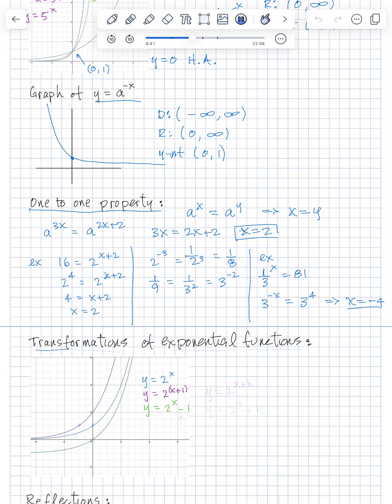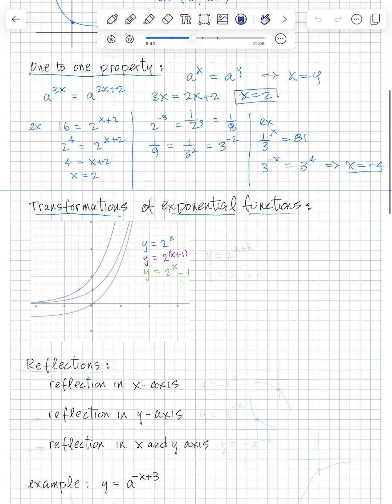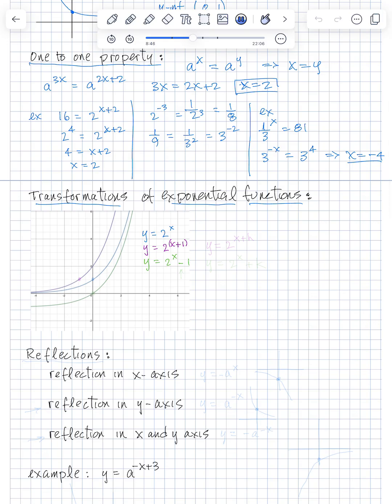Okay, let's look at transformations of exponential functions. We're going to look at horizontal and vertical translations first. Our blue line is our standard. Let's say it's y is equal to 2 to the x, and our intercept is right here at 0, 1. The purple one, we're going to say y is equal to 2 to the x plus 1.